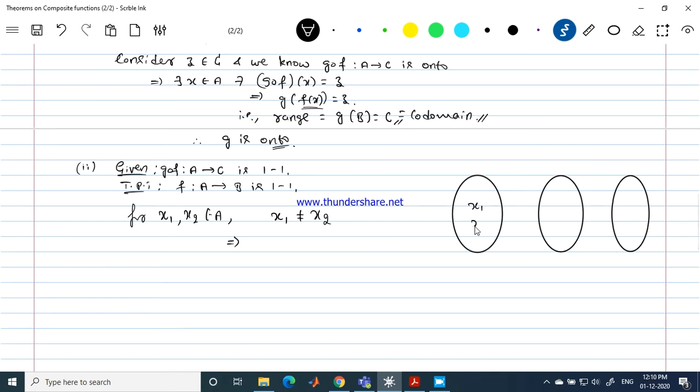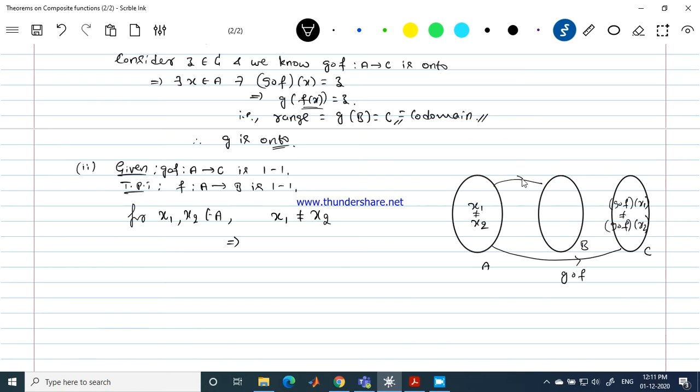Okay, x1 and x2 are the elements from set A, and f composition g is a function from set A to C. Since f composition g is a 1 to 1 function, if x1 is not equal to x2, we are expecting f composition g of x1 is not equal to f composition g of x2.